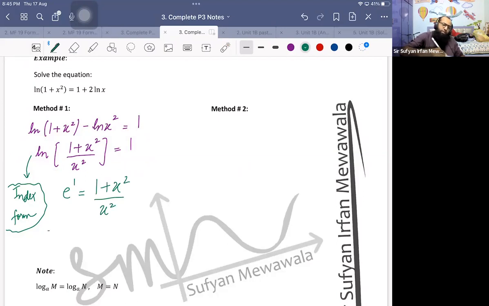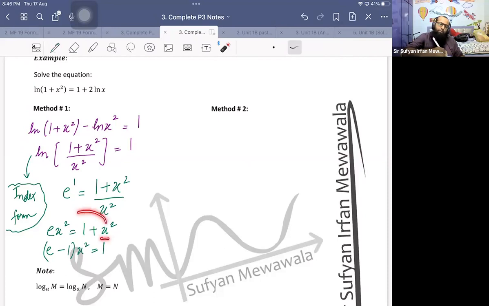Then what we can do is we can cross multiply, e x square is equals to 1 plus x square. Then e x square minus x square, and x square can be taken as common. So e minus 1 x square is equals to 1. I've saved one of the steps. X square shifted to left side.